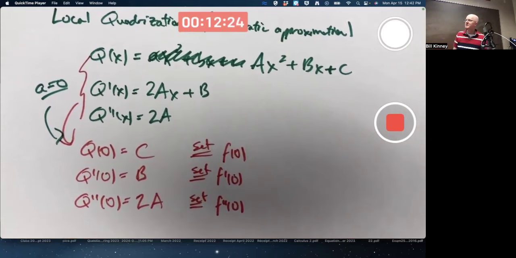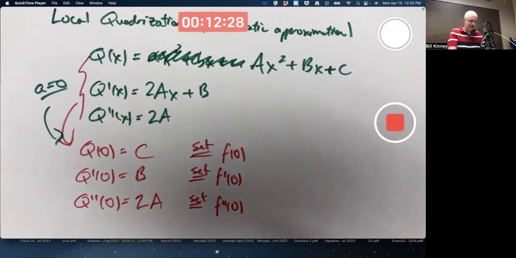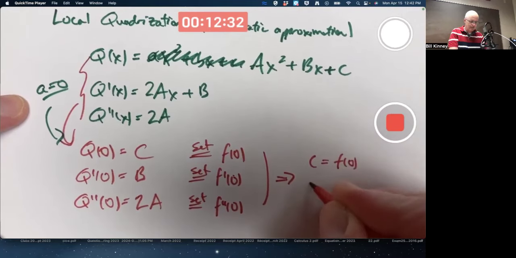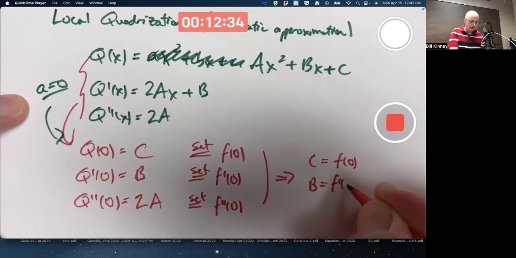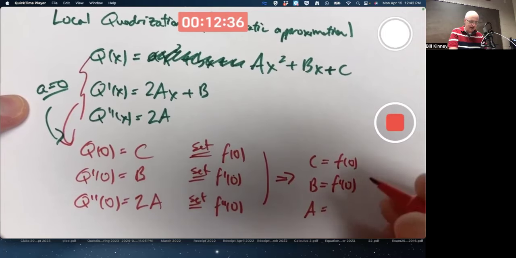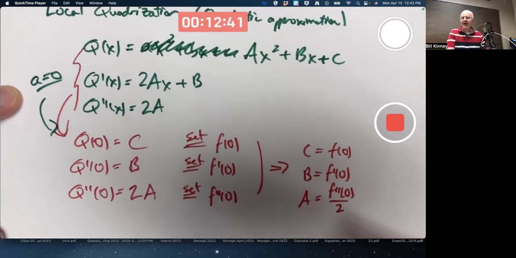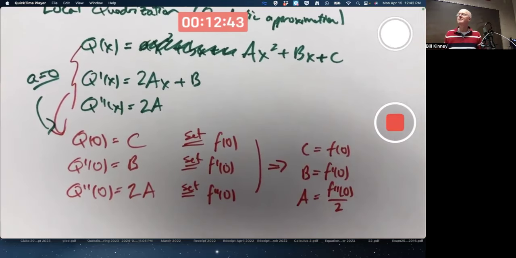Fortunately, this is a very simple system of equations to solve. There's nothing much to do. C equals f of 0, b equals f prime of 0, and a equals f double prime of 0 divided by 2. It's only in that last one that you've got to do a tiny bit of work.